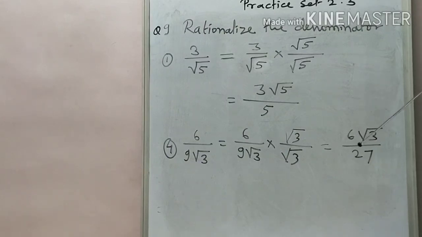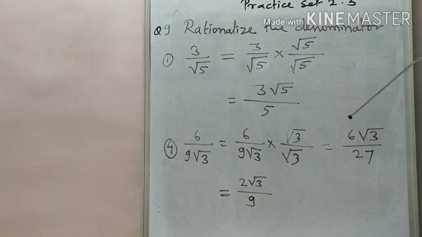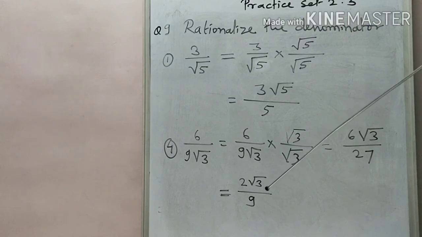The numerator becomes irrational, but we rationalize the denominator part. Again here you can simplify this because 6 and 27 both have 3 as a common factor. 3 2s are 6 and 3 9s are 27, so 2 root 3 upon 9.